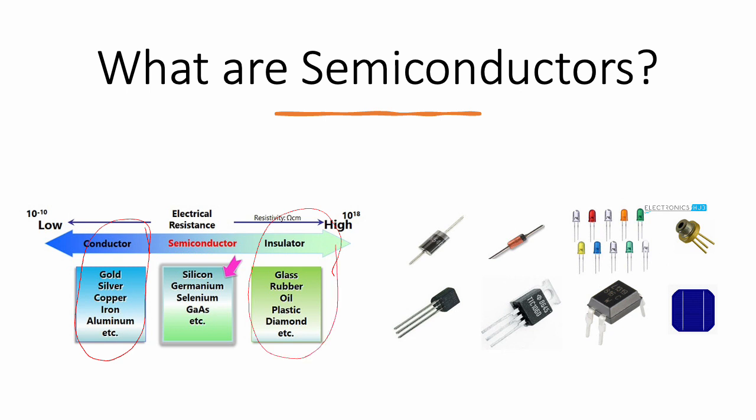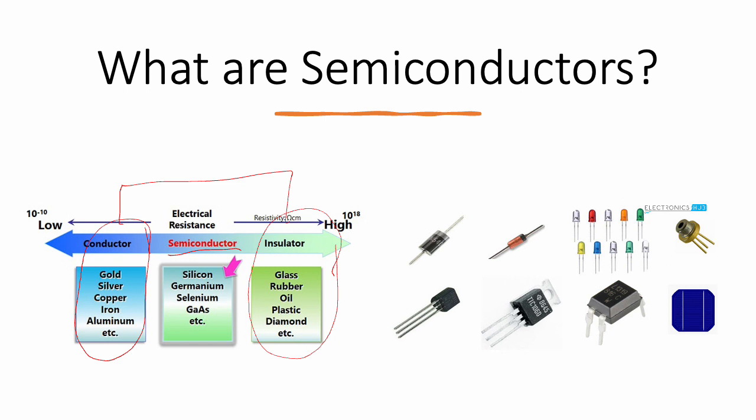The semiconductor lies between the conductor and insulator, and it has unique characteristics that allow it to control the flow of electric current in a very precise manner, making it indispensable in electronics.